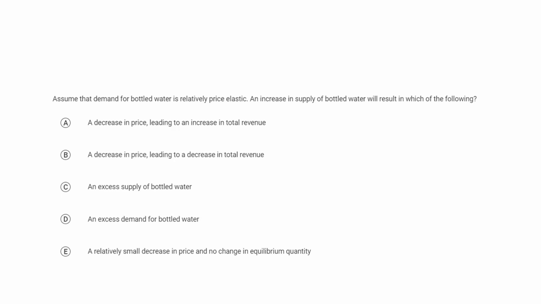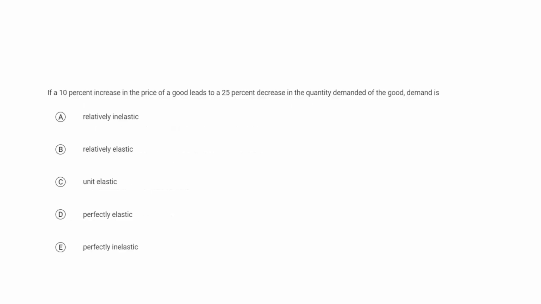Boards, please. I've got A's, A's, A's. All right, looks like all A. Do you think I have X-ray vision or something? I got a big A right there. Okay. If supply shifts right, we know price goes down. Now, if price goes down by 10%, if it's elastic, quantity demanded has to increase by more than 10% because it's greater than 1. That being said, total revenue will then increase. All right. Next up, if a 10% increase in the price of a good leads to a 25% decrease in quantity demanded of the good, demand is.